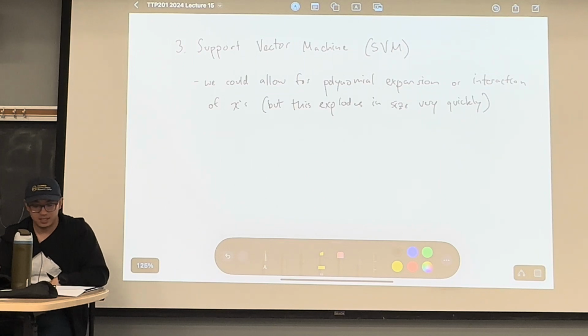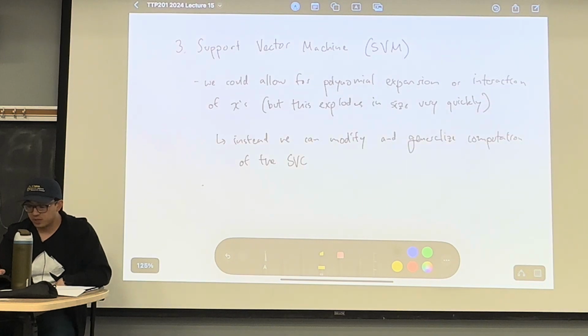So instead we can modify and generalize, which is very important, computation of the SVC.